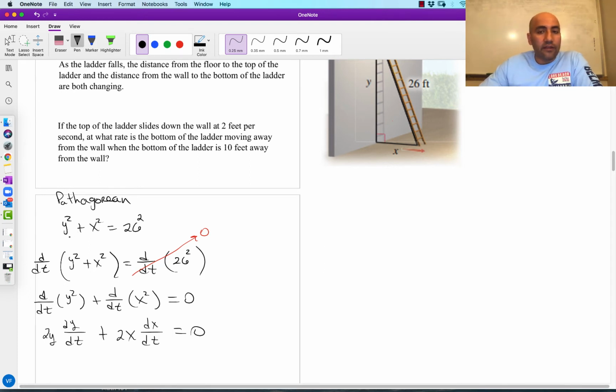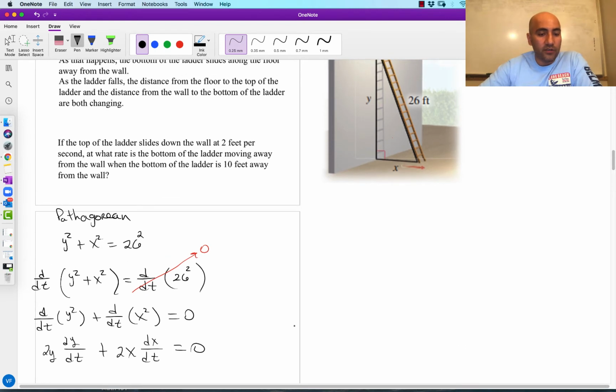Here we had an equation that involved just the distance y, the distance x, and the distance of the ladder. So we had that. And now we have a new equation that involves the distance y, the distance x, but also the rate dy dt, the way that the y variable is changing. And we also have dx dt, the way the x variable is changing. The speed of the y variable, the speed of the x variable.